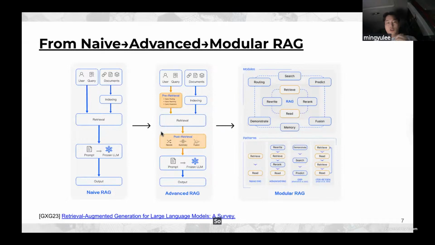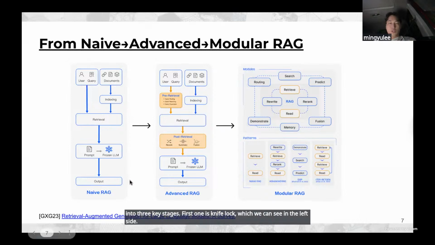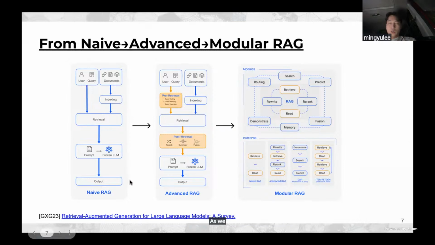So the journey of RAG is one of continuous improvement to solve these three problems. Today we can broadly categorize this evolution into three key stages. The first one is Naive RAG, which we can see on the left side. It is the most straightforward implementation and, as we will see, its simplicity is both a strength and a weakness. Next is Advanced RAG, which overcomes Naive RAG's limitations.